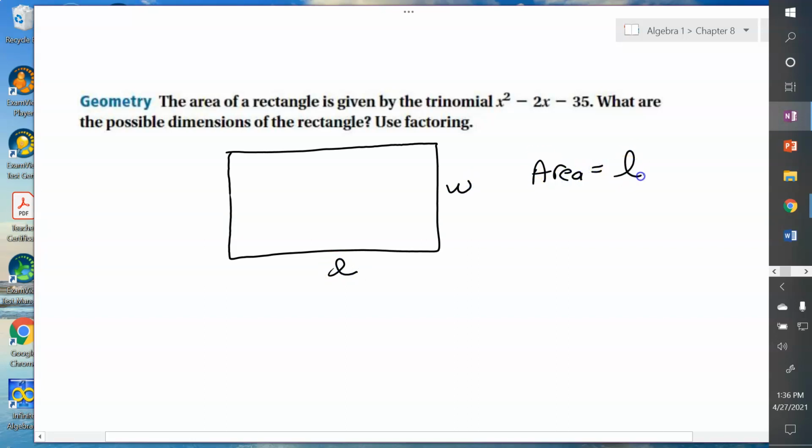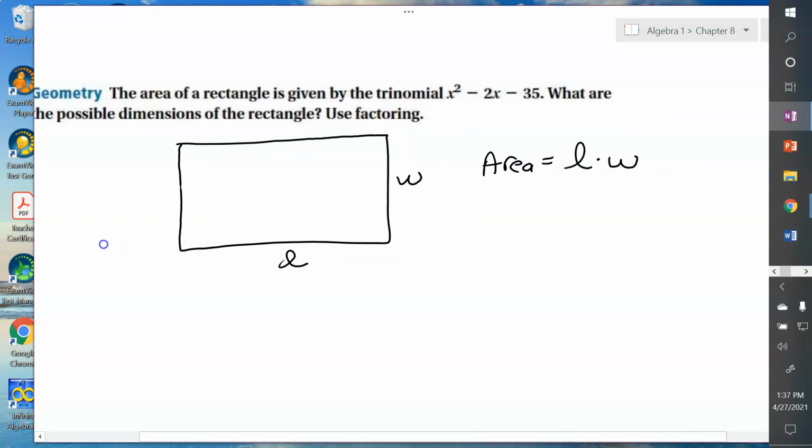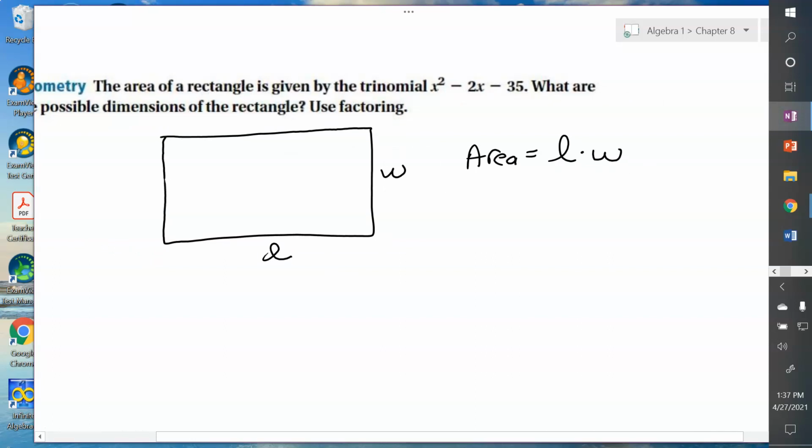And area is length times width. That's always the area of a rectangle. You take those two sides and multiply them together. So I know that my area has to equal x squared minus 2x minus 35. And I know that the length and width, I multiply those together.